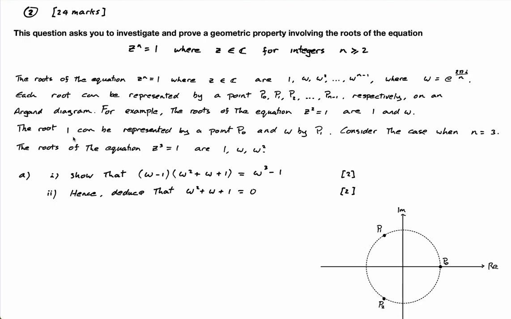And the root 1 can be represented by a point P0 and omega by P1. Consider the case where n equals 3. The roots of the equation z cubed equals 1 are 1, omega and omega squared. So that's why you've got the omega to the n minus 1, because it starts with 1. And then the second root is omega, the third root is omega squared, etc.